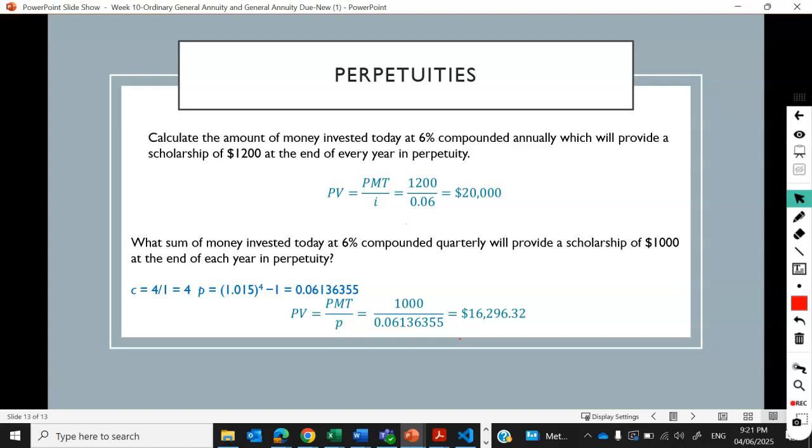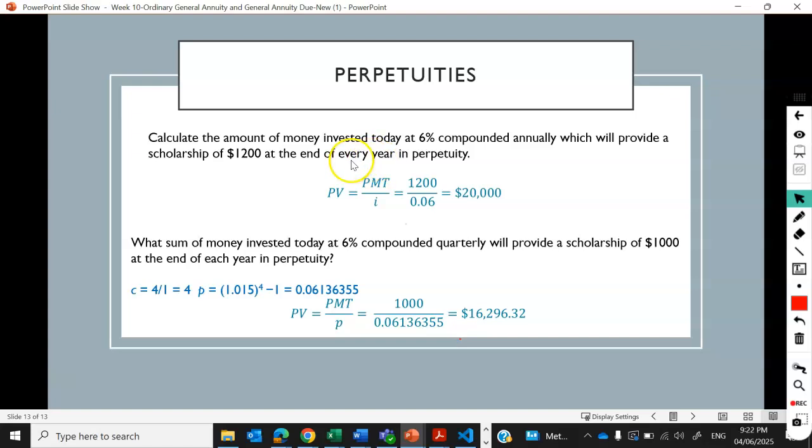So here are problems. Calculate the amount of money invested today at 6% compounded annually, which will provide a scholarship of $1,200 at the end of every year in perpetuity. We will identify the annuity first. Because it's a scholarship, it is a perpetuity, and the payment PMT is $1,200.